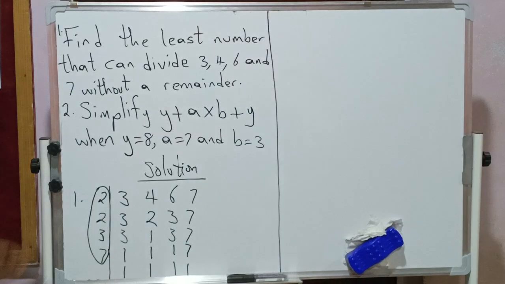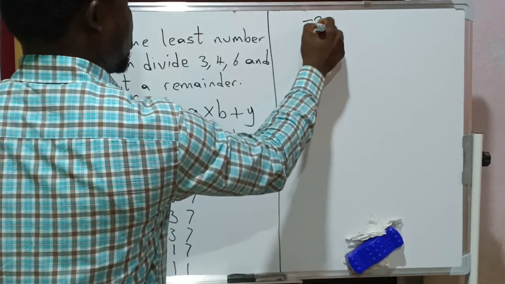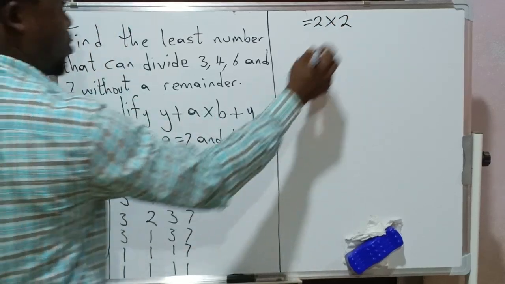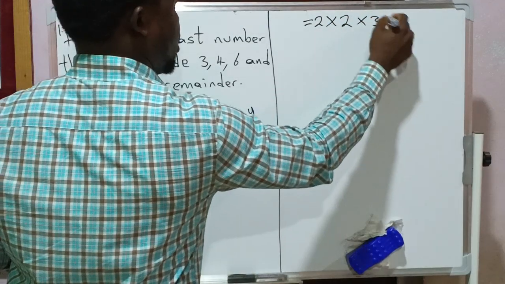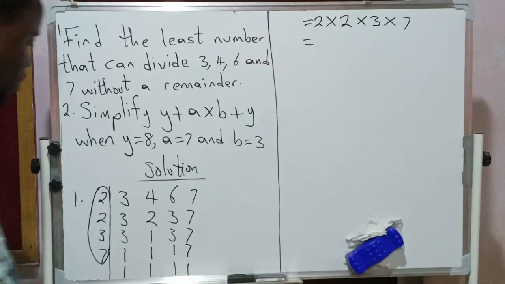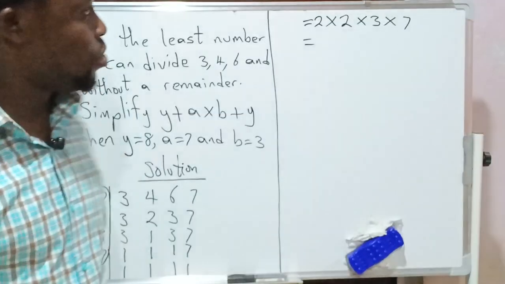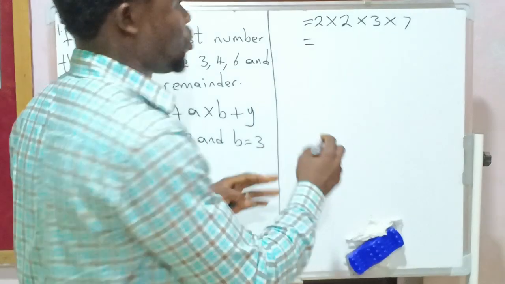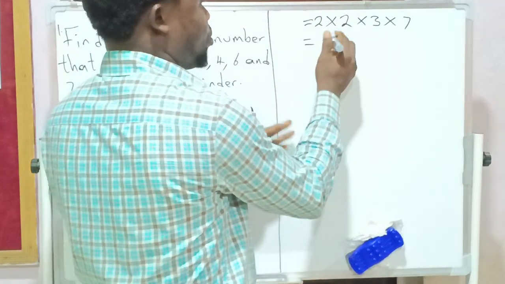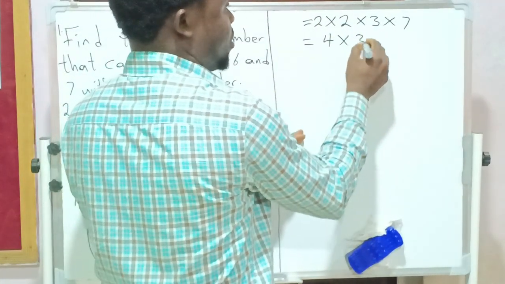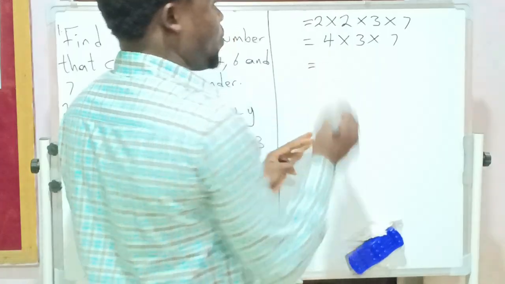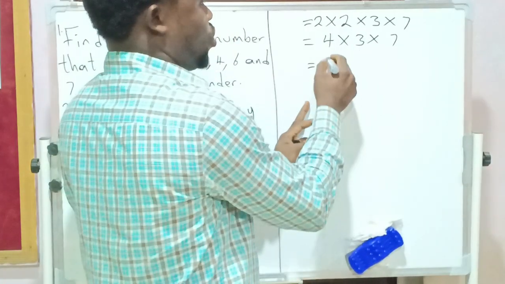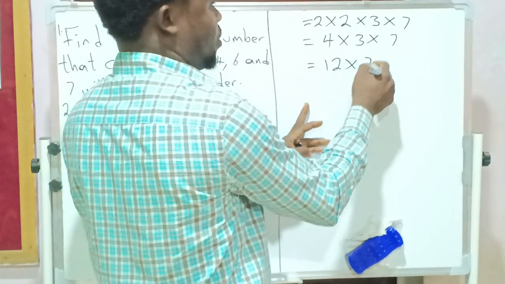So now, all the factors that I use, I'm going to multiply all of them together, which is 2 times 2 times 3 times 7. So 2 times 2 is 4, 4 times 3 is 12, times 7.